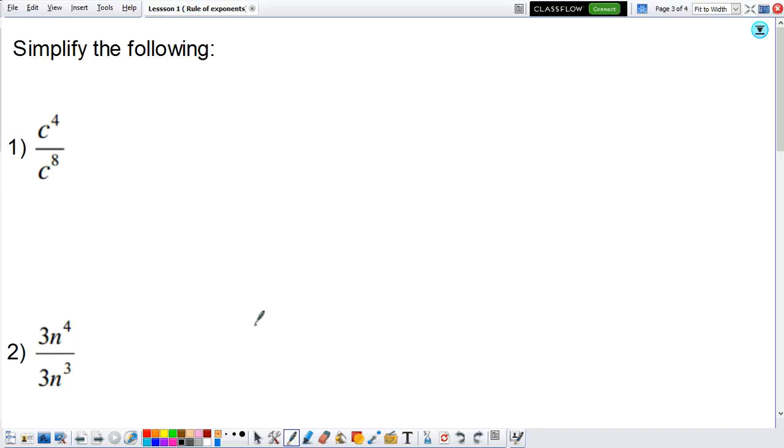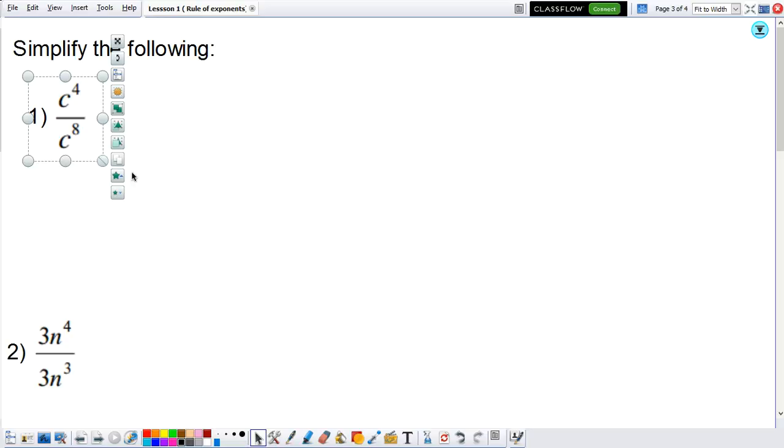So now what happens if you're simplifying, but this time we're dividing? Well, like it said in the main idea here, if you're multiplying, you add exponents, and if you're dividing, you subtract the exponents. Now, one thing to keep in mind is that the subtraction happens on the highest exponent.